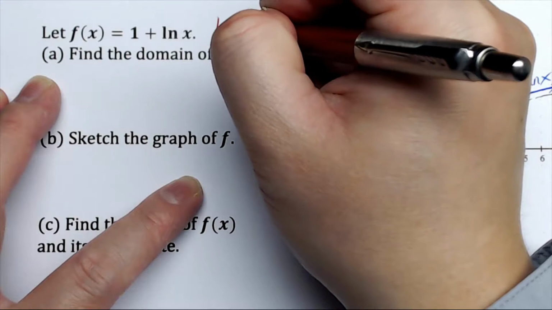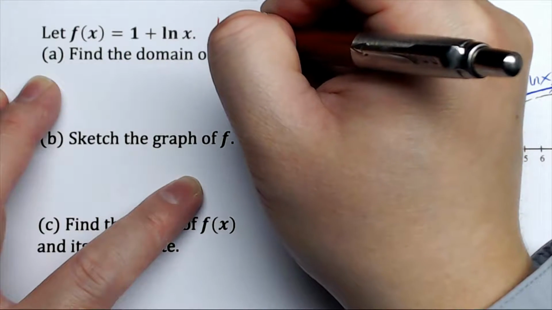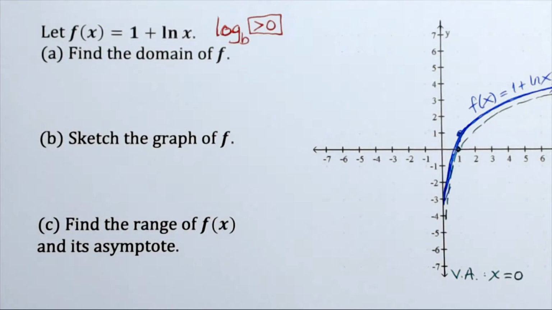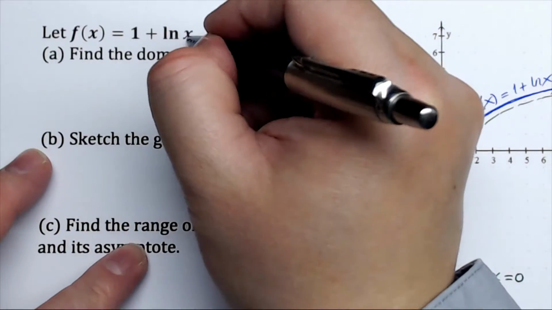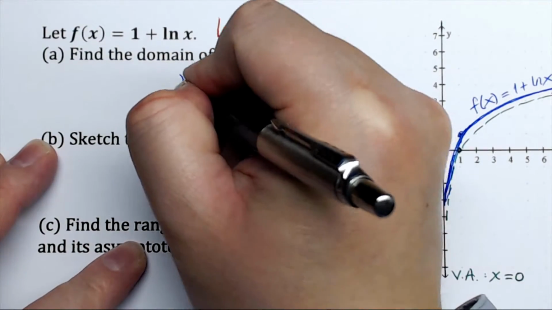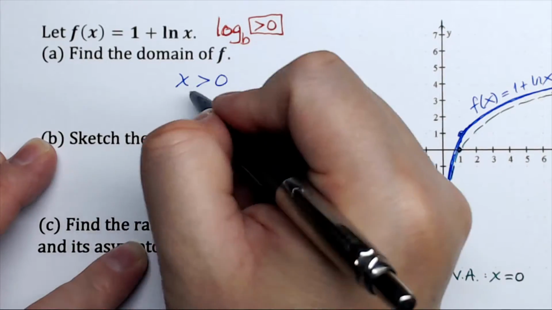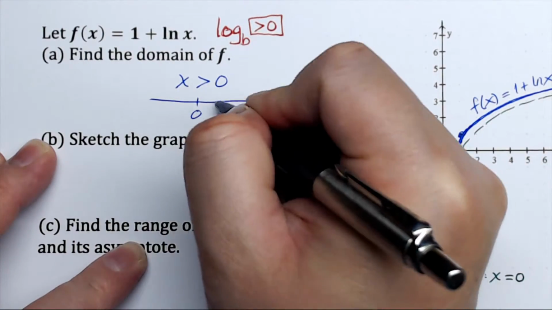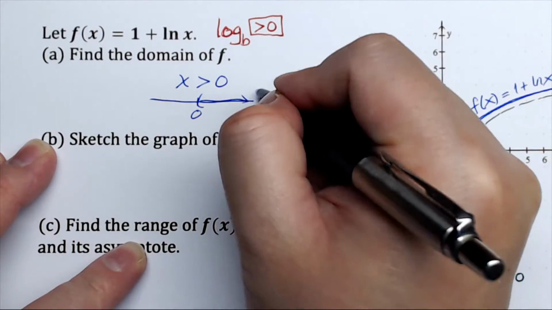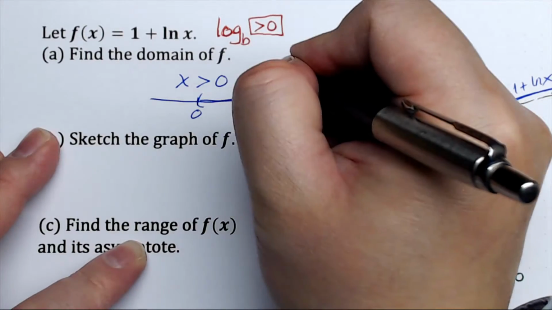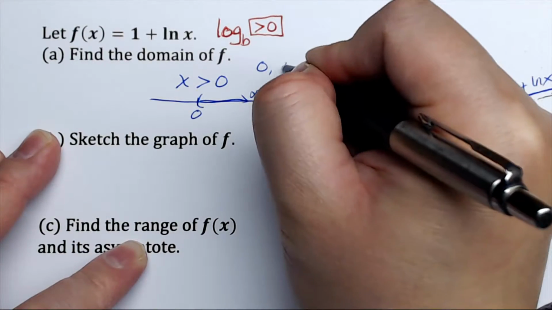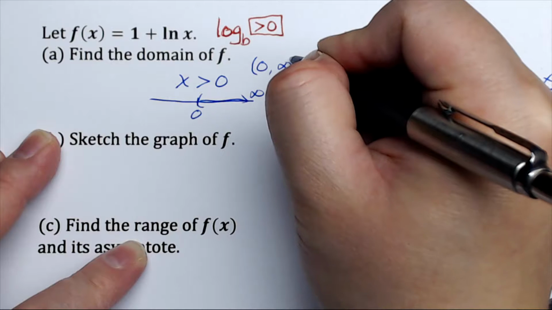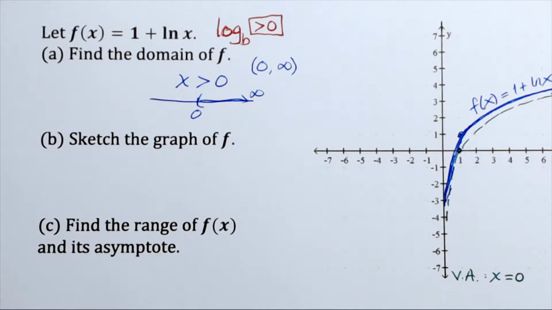The log of any base, the argument must be positive. So we just have x greater than 0, or we write the domain is from 0 to infinity, not including 0.